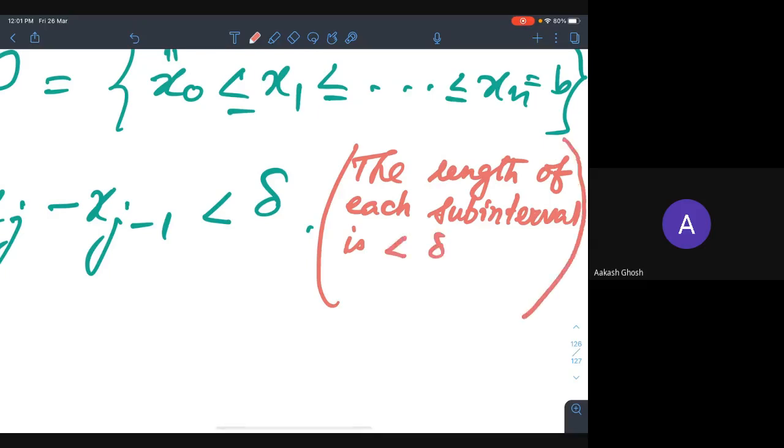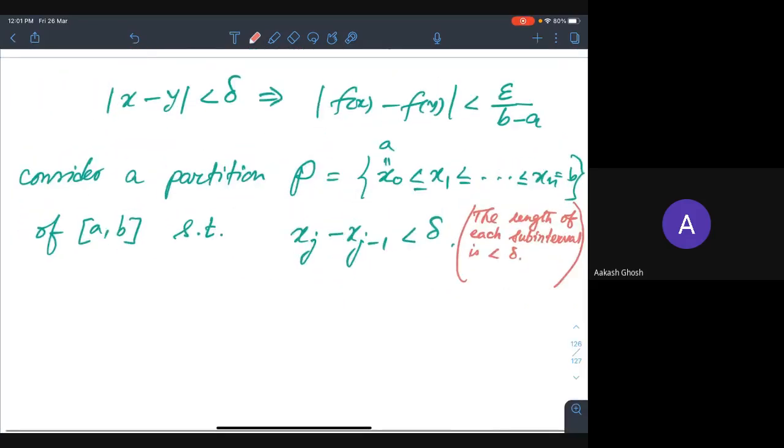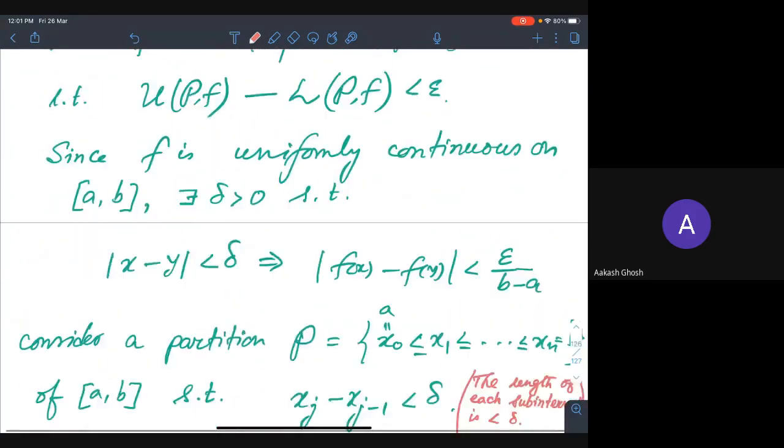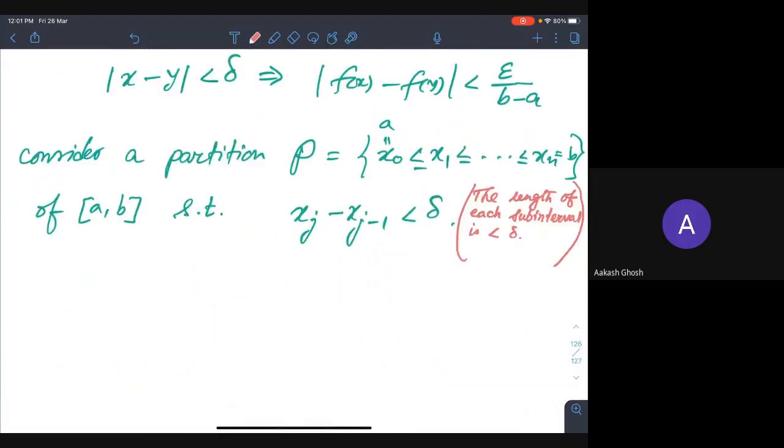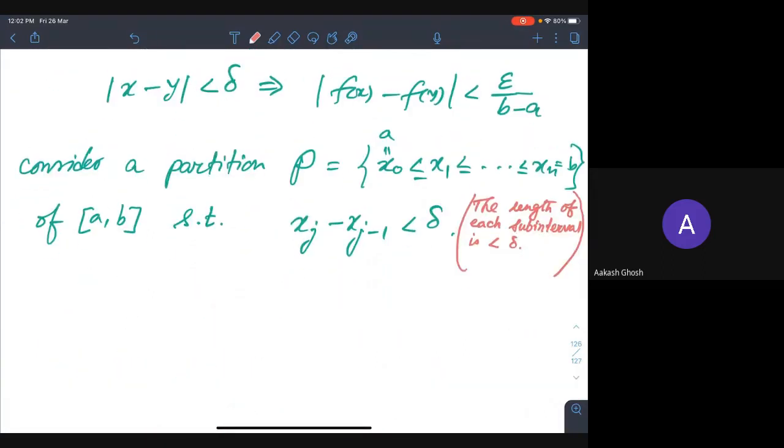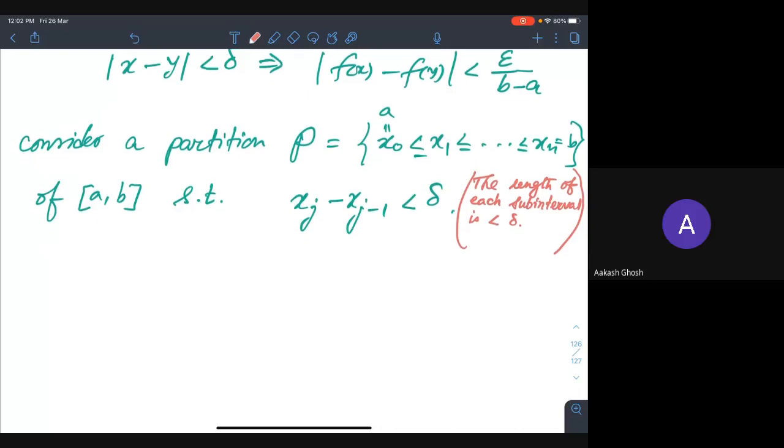So this is required. What is this required for? Just for this one. The supremum will be close to the infimum.